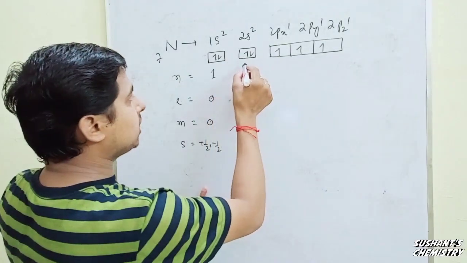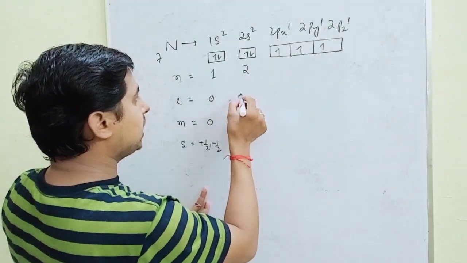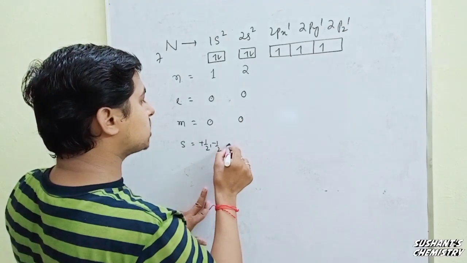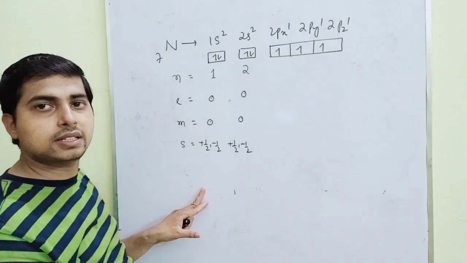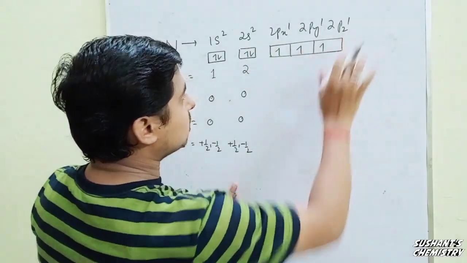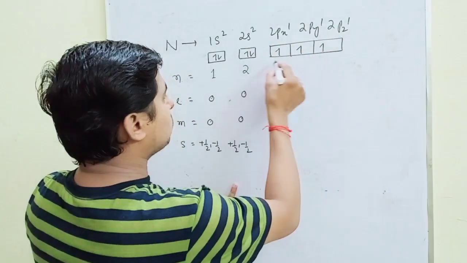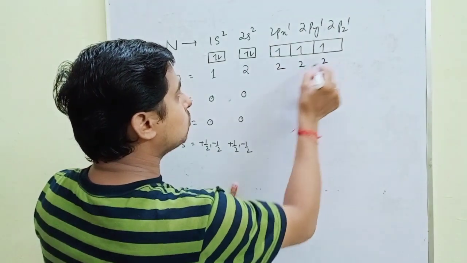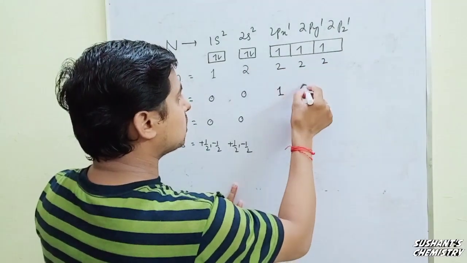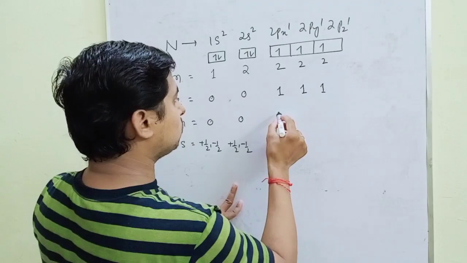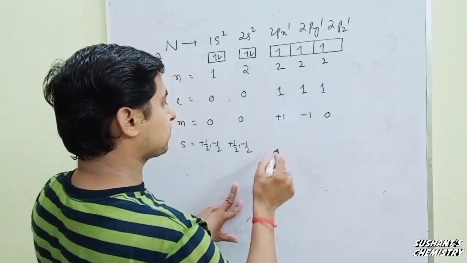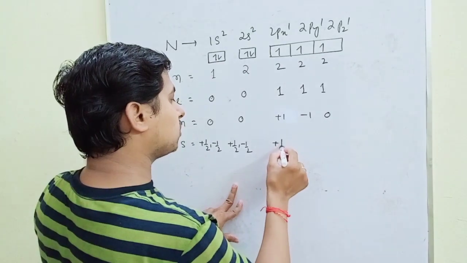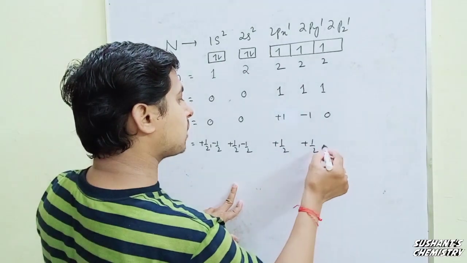Similarly, for the 2s orbital, n equals 2, l 0, m also 0, s equals plus half and minus half. Similarly, for the 2p orbitals, n equals 2, 2, 2, l equals 1, 1, 1, m equals plus 1, minus 1, 0, that is the principal axis, and spin equals plus half, plus half, plus half.